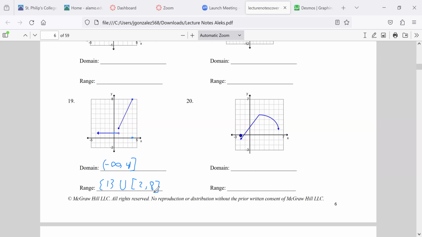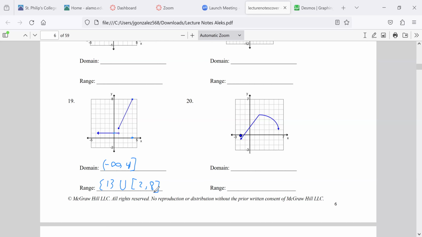So it ends on 1, and then I need to include both. It's at 1, and then it jumps to 2, and then stops at 8. You have to put that symbol. So if we have two separate sets, they're not connected, you use it. The 1 would be bracketed, or you put a different symbol for the 1. But this is like braces.